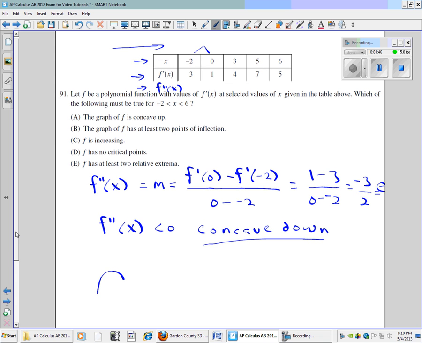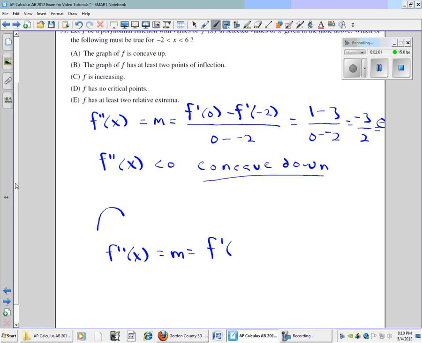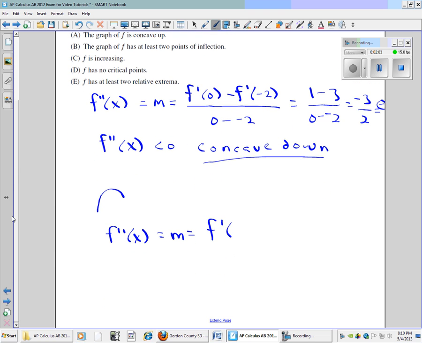Let's look at the next two sets of points. So if again I look at the second derivative, I have f prime when the x value is 3 minus the first derivative when the x value was 0. And that will give me 3 minus 0 in the denominator.